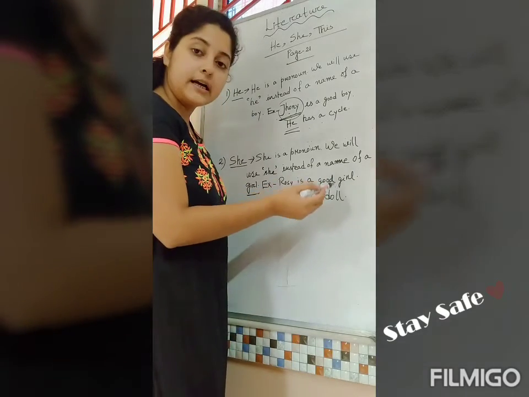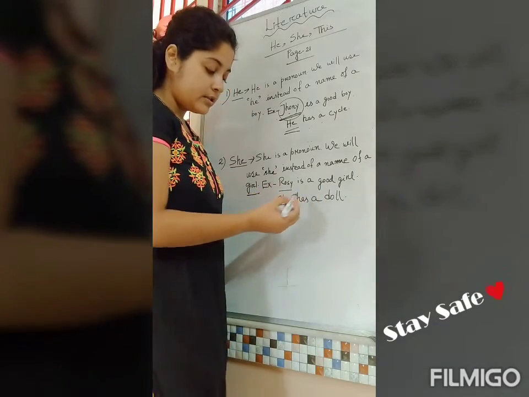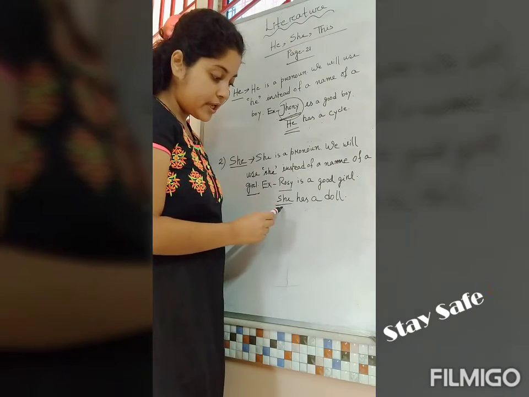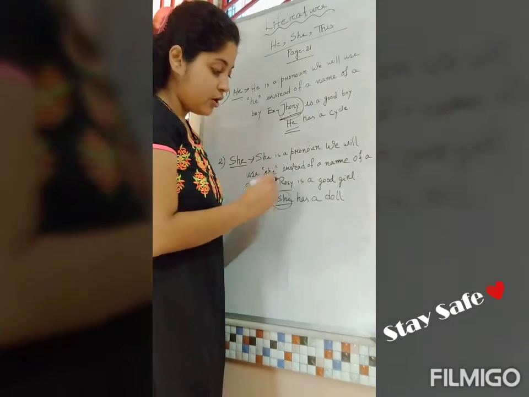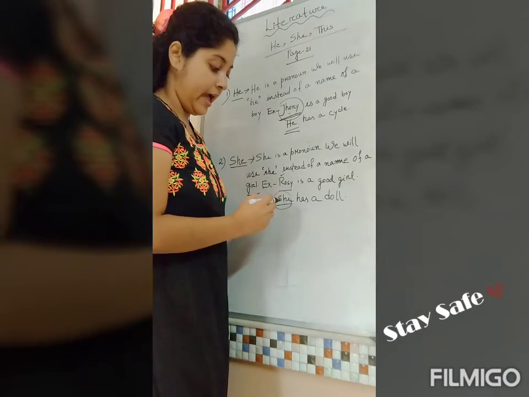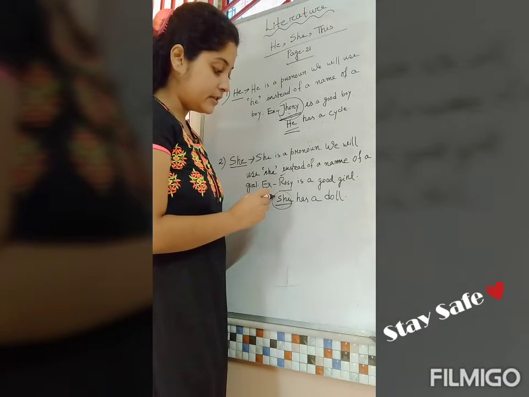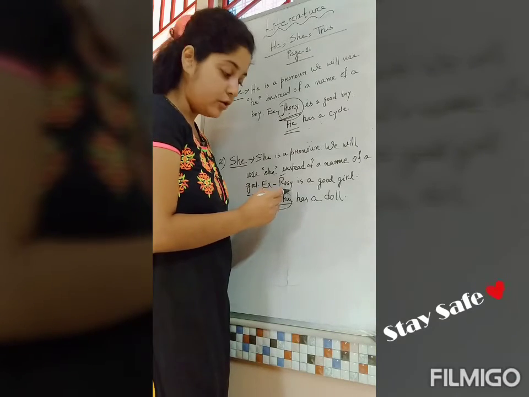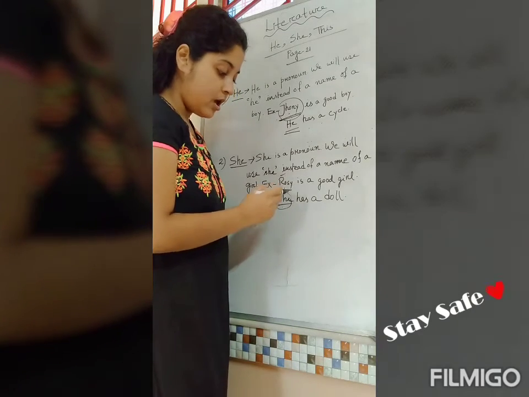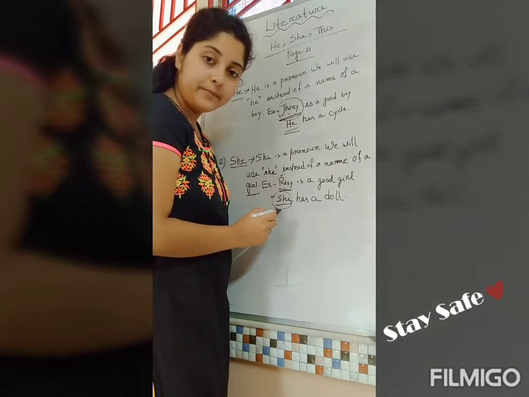Rosie is a good girl. See the next sentence. She has a doll. Here she means Rosie. But I have used she instead of her name, Rosie. Rosie is a girl, so I have used she.